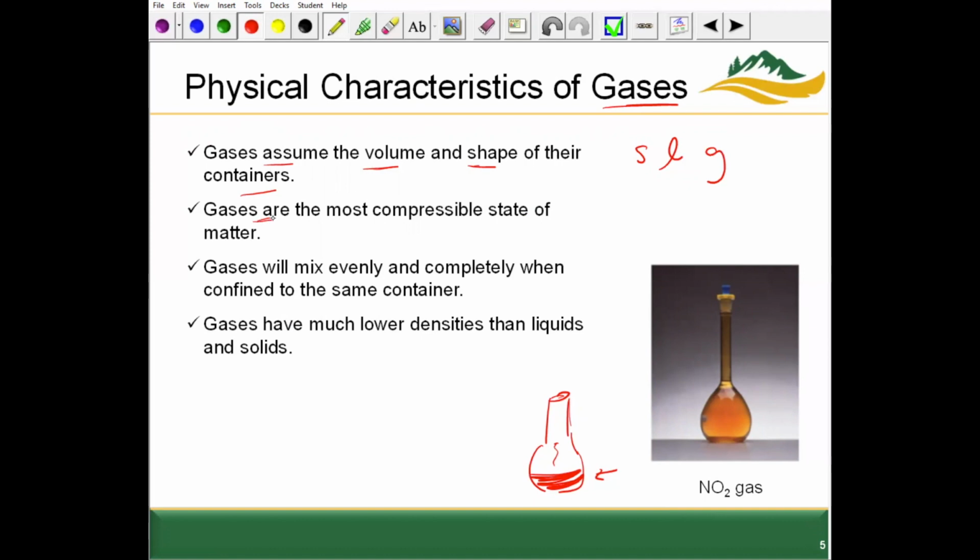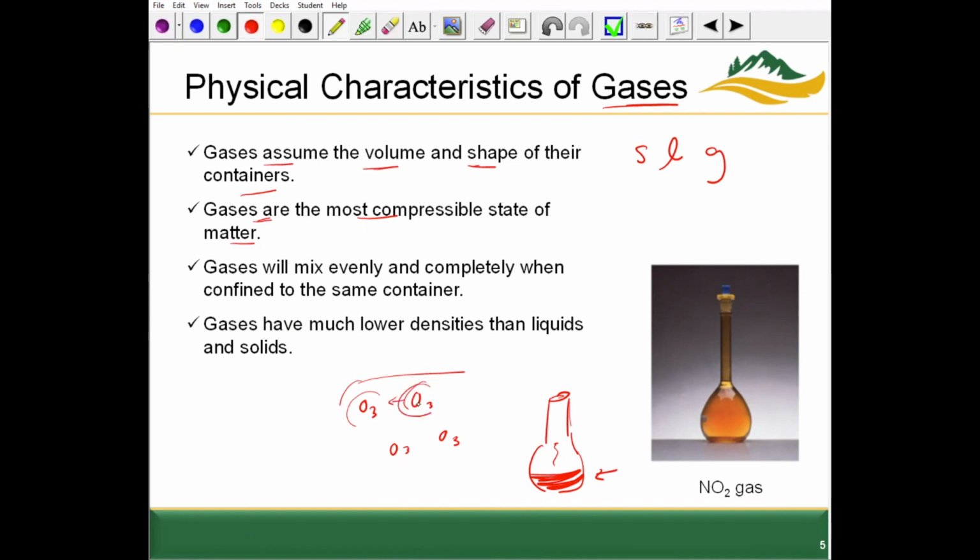Also, because gas particles are spread apart relatively more than particles of a solid or a liquid, gases then are the most compressible state of matter. So some ozone particles might be spread about like this. So because gases are spread apart from one another, they can be more compressible.